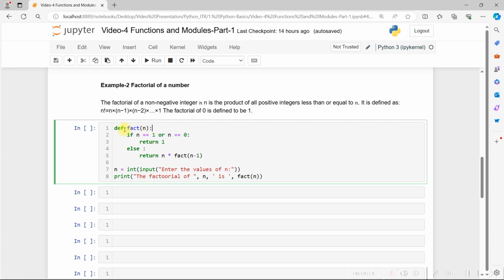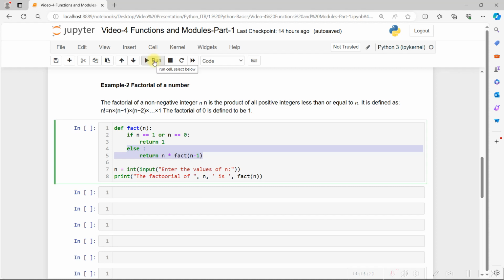So we have taken def, we have named that function fact, we have passed a non-negative number n, and we have taken a base condition to stop the function, and then we have taken the recursive part of the function. Here we are going to input a number from the user, and we will find out its factorial.